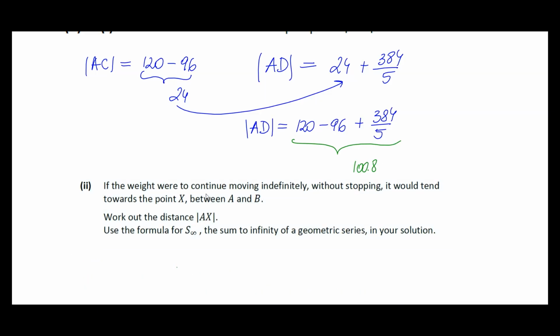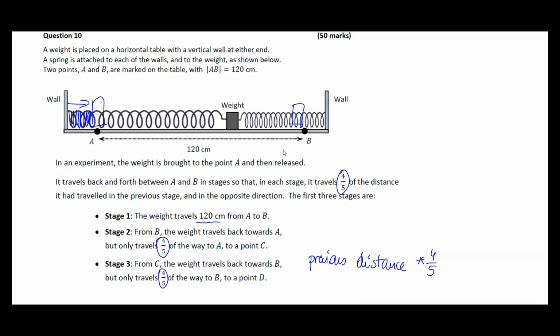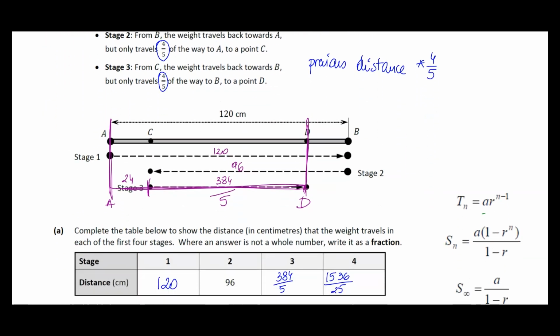If the weight were to continue moving indefinitely without stopping, it would tend towards the point X between A and B. So what they are saying is that if our weight keeps on going, and we know it only goes so far, so far, so far, there is some point here, we don't know where, let's say somewhere in the middle, and that weight will be going towards that point.